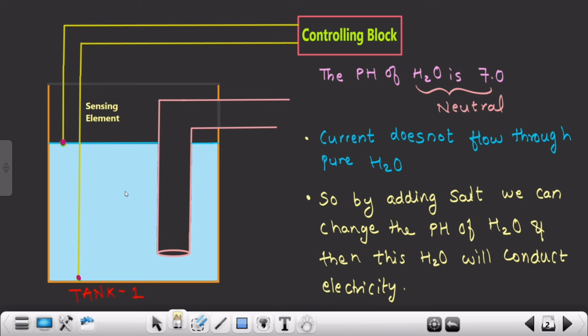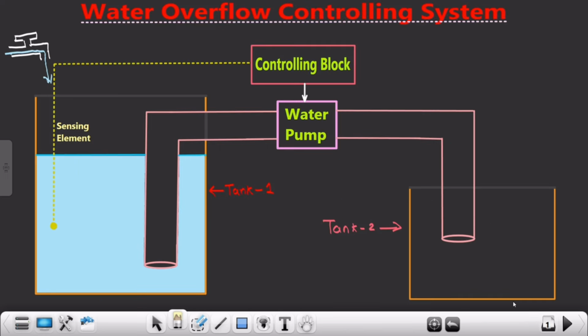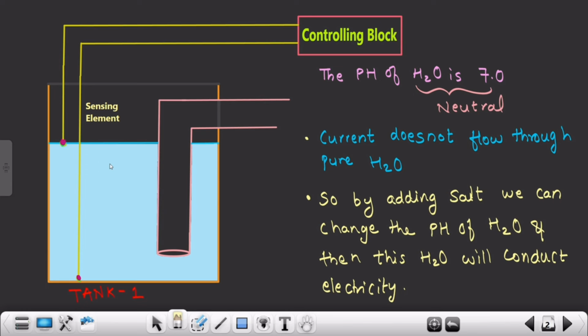But my main agenda here was to design this controlling block. Anyway, we are students of electronics, right? So you don't need to worry about the chemistry. But still, suppose you are working in some chemical industry, there might be a possibility that instead of water there is some chemical, and you want to control the level of that chemical.